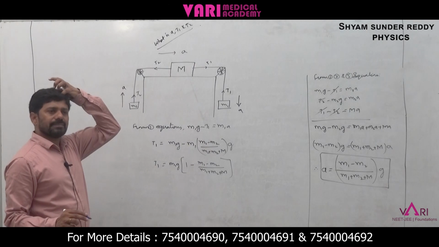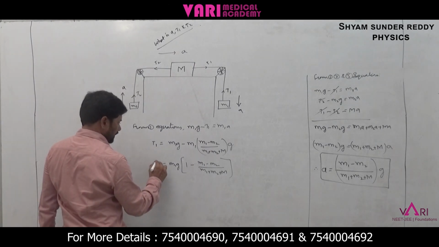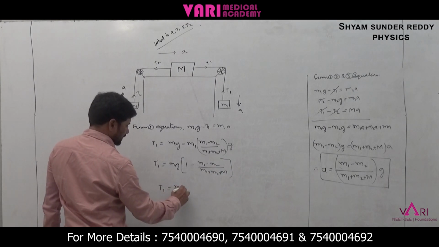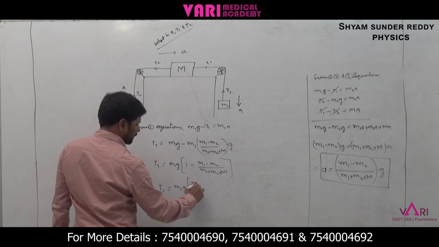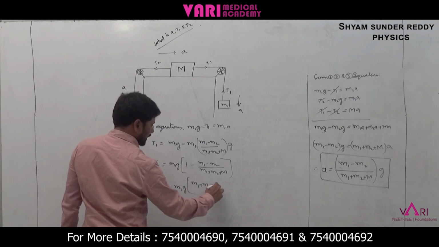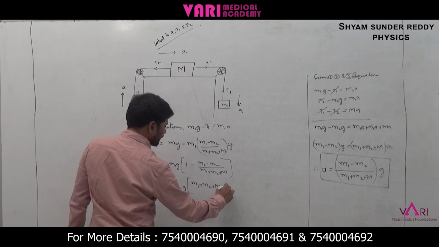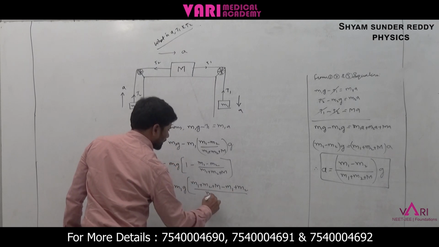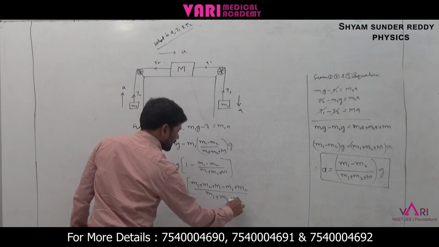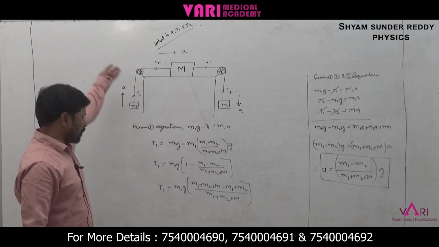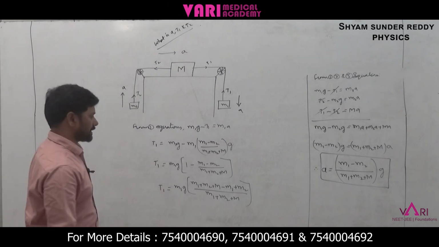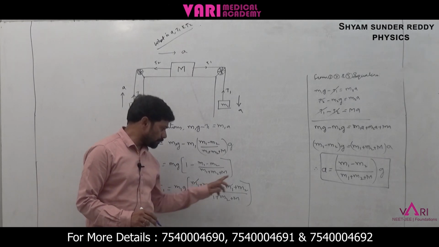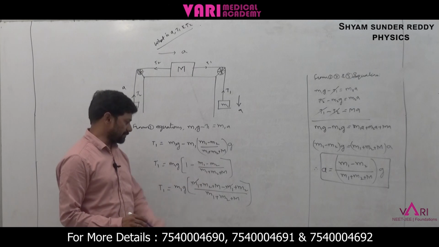Just take the LCM, which is m1 plus m2 plus M. So m1g into (m1 plus m2 plus M minus m1 plus m2), divided by m1 plus m2 plus M. Now minus m1 plus m1 will be cancelled, leaving 2m2 plus capital M.